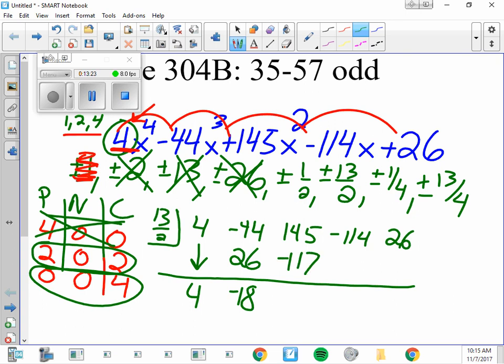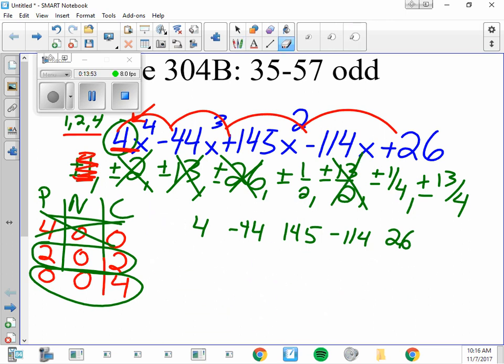Negative 117. So that would be 328. 28 times 13 over 2 is 182. And we end up, that's not going to work. The signs are wrong. Okay. 13 over 2 didn't work.